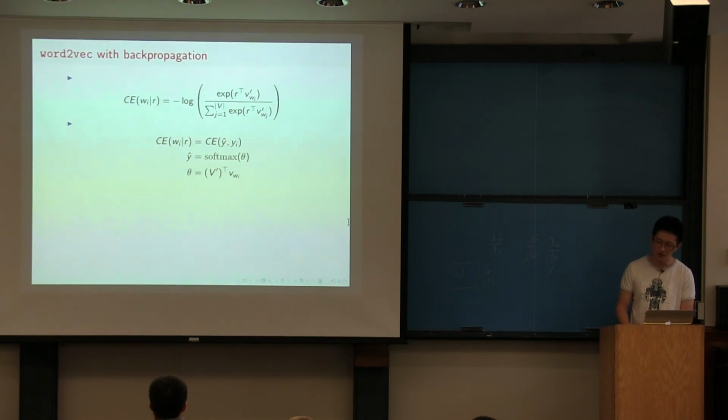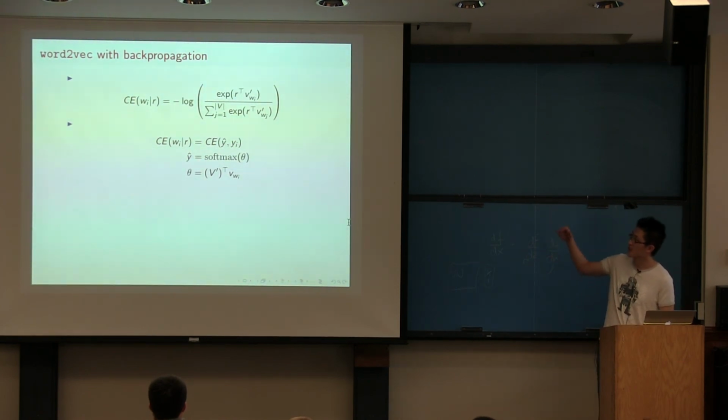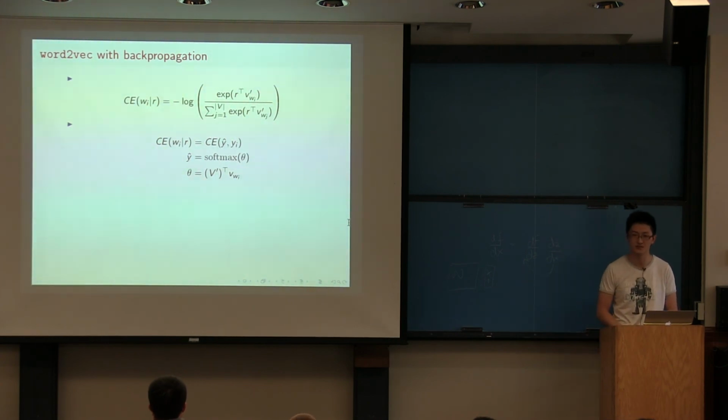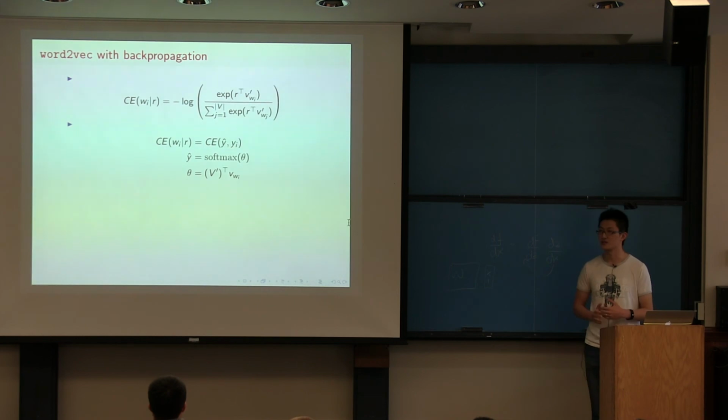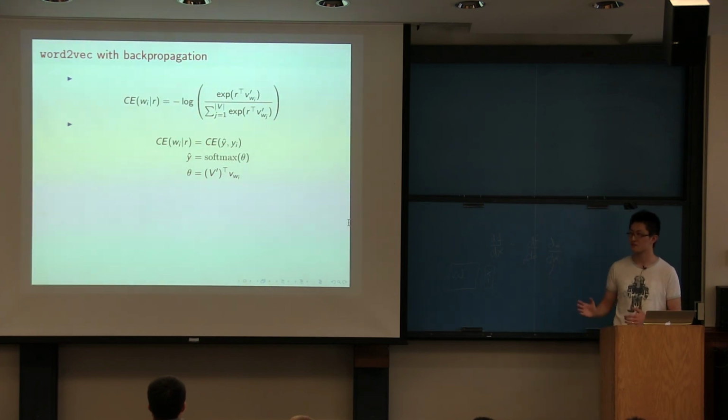You can verify that we can rewrite this complicated formula into these three steps. First, we compute the inner product between your input word vector and all of the output word vectors. You obtain a theta vector this way, and you can apply the softmax, then the cross entropy loss.